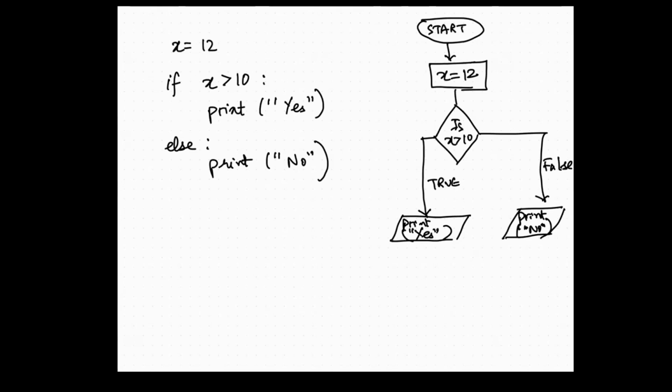So this is a simple flowchart. Actually, I should just end this. Right? So I've introduced different kinds of blocks in this. I have these two start and stop blocks. This is to show the start and the end of the program.